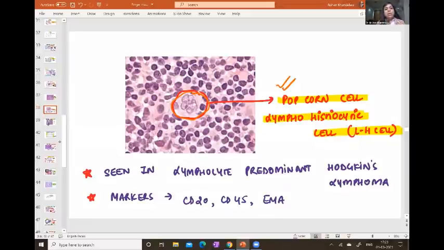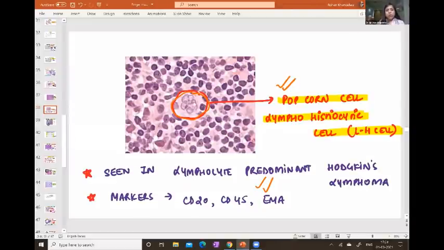The markers are CD20 positive, CD45 positive, and epithelial membrane antigen positive. Now this lymphocyte predominant Hodgkin's lymphoma is actually a non-classical type of Hodgkin's lymphoma. And why is it called non-classical? Because it is not CD15, CD30 positive, the RS cell. It is CD20 positive, CD45 positive, or epithelial membrane antigen positive, right?